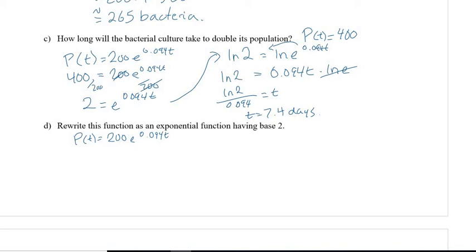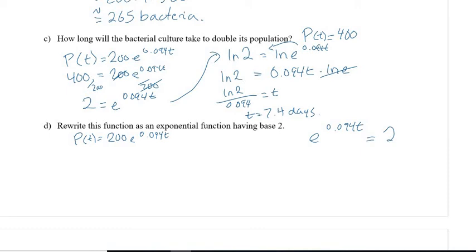So the next step, now we have to rewrite e to the 0.094t as 2 to the power of something.